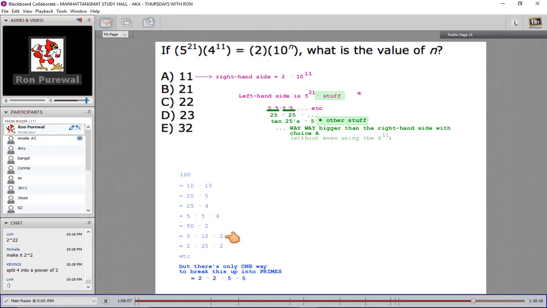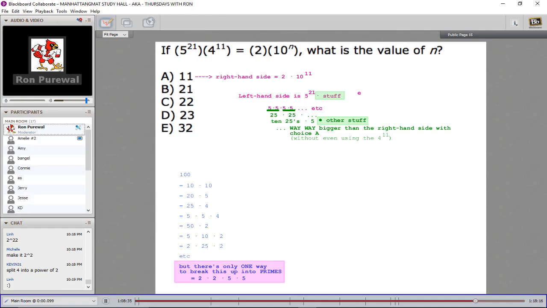But the only way to see that would either be to multiply it all back out and get 100, or to keep breaking it down until it is prime. With these numbers, you could just multiply them out. 5 times 4 is 100, and so is 5 times 2. But you can't multiply this out. This is too big. So what this problem should be telling you to do is break these things into primes.